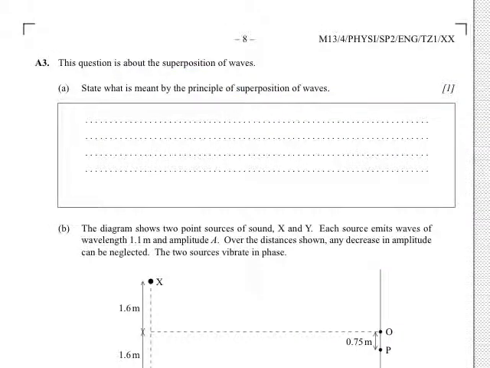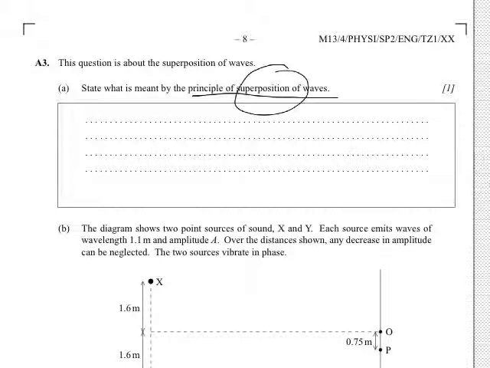Now this is the last question in this section. This one's about superposition. Now you have to be very careful with definitions. You can't guess definitions. You have to learn them off by heart. Okay, so what is meant by the principle of superposition of waves? What that means is, why do waves superimpose? Why does that happen?